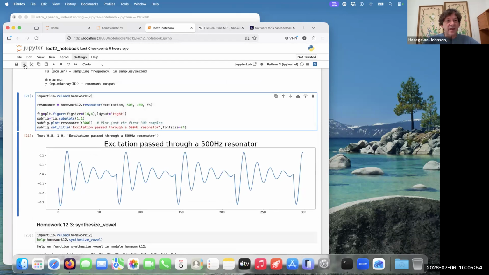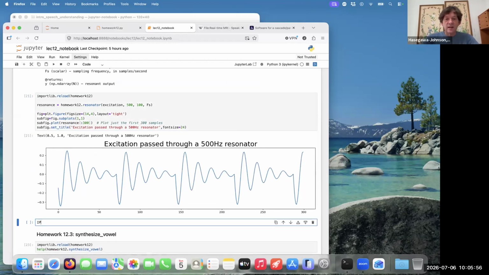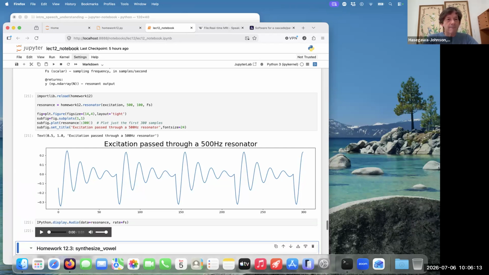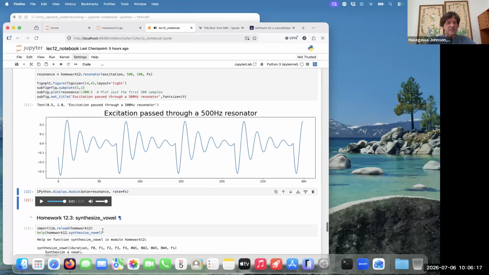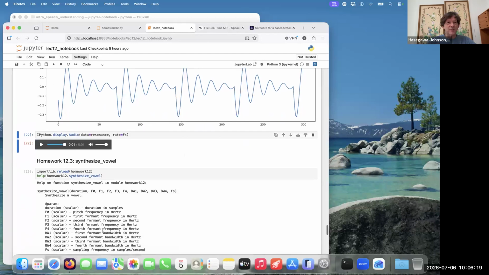Let me go ahead and add an extra window here and try IPython display audio, with data equals resonance, rate equals fs. All right, that sounds like the resonant buzz that we were expecting.